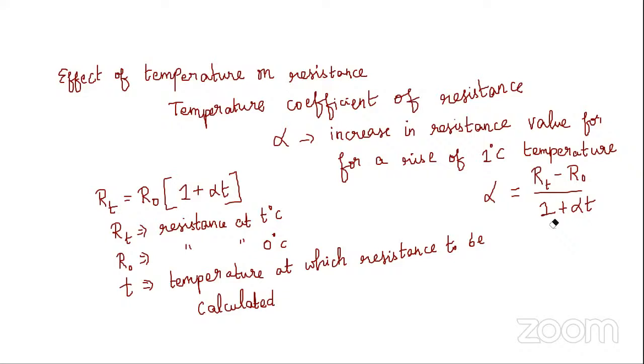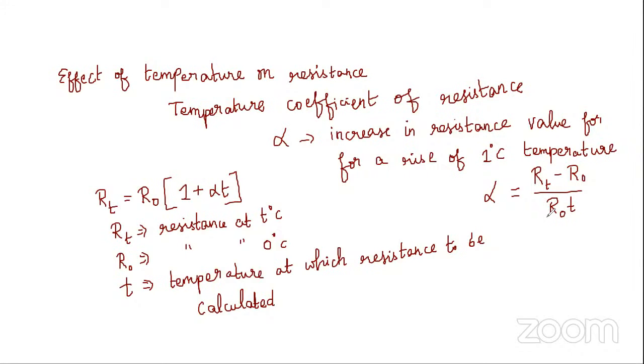So this is alpha equal to (RT minus R0) divided by R0 into T. So this is how you need to find out the alpha value or the temperature coefficient of resistance.